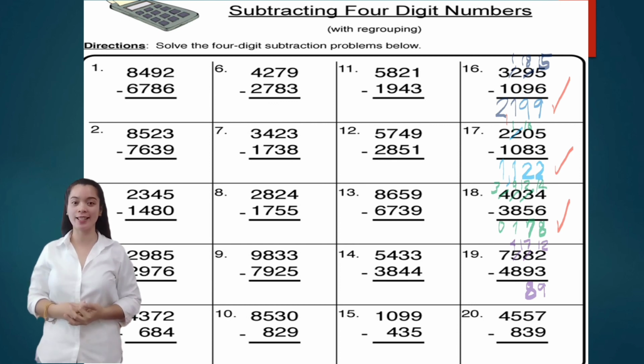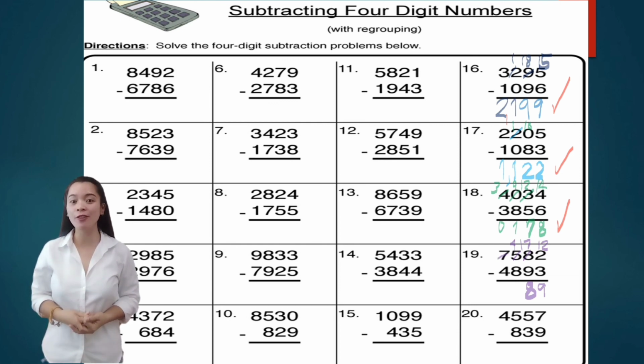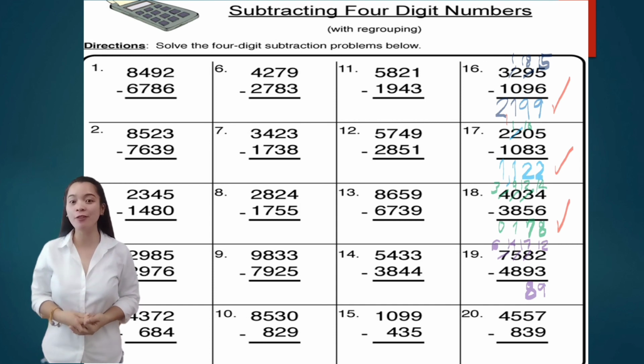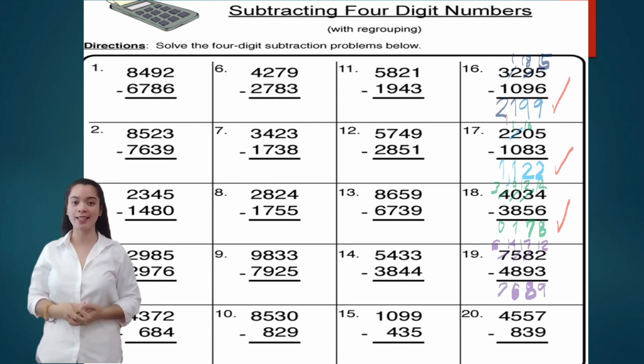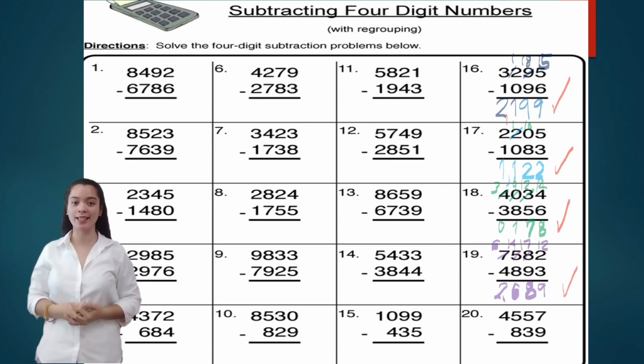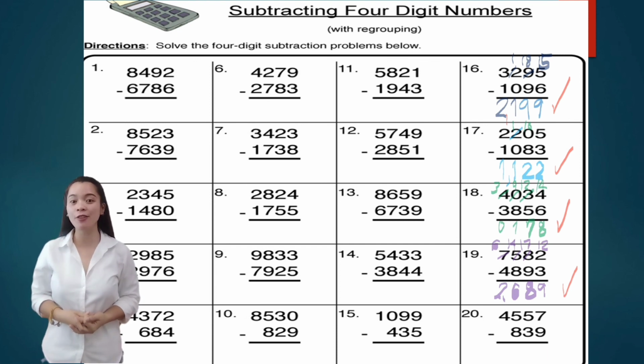And we have 4 minus 8 cannot be, so let's borrow from 7. 7 becomes 6 and 4 becomes 14. So 14 minus 8 equals 6. 6 minus 4 equals 2. So we have 2,689. Next, let's check your answer. Very good.